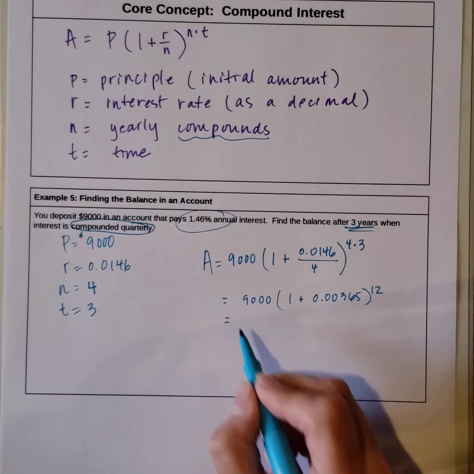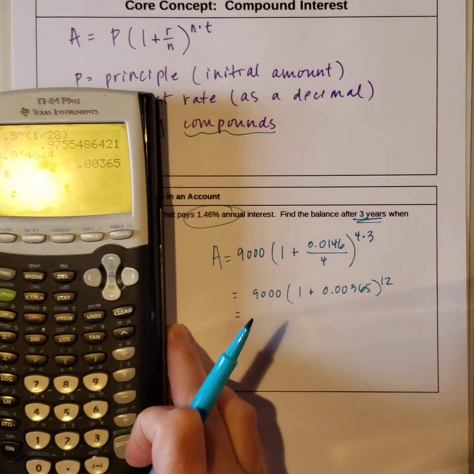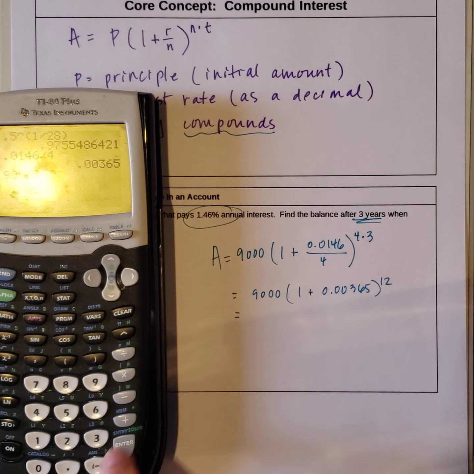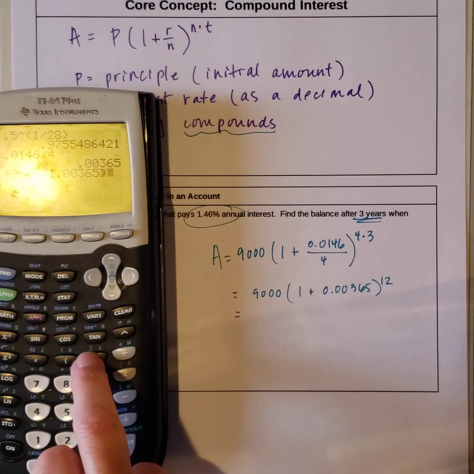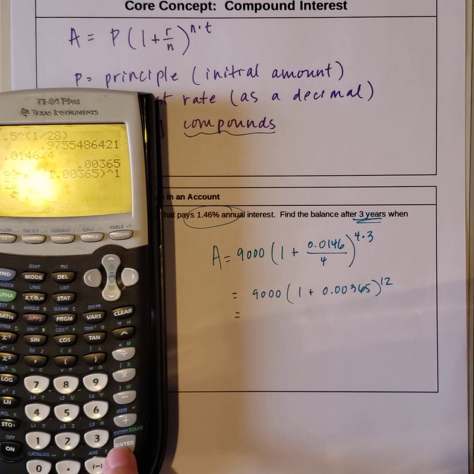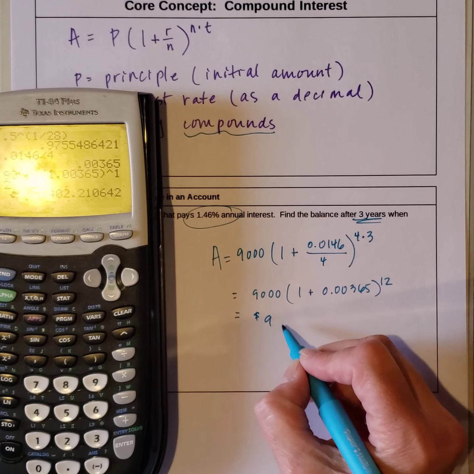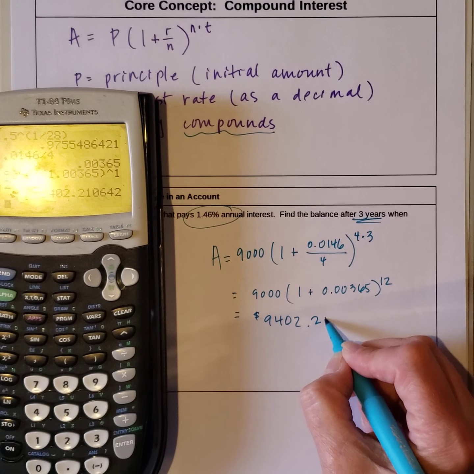Now calculate this. $9,000 times 1.00365, raise that to 12, and we get 9,402.21.